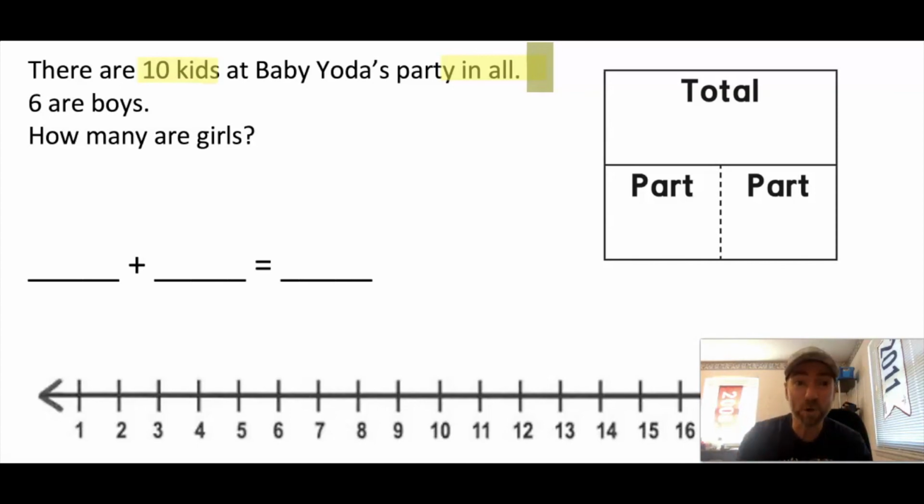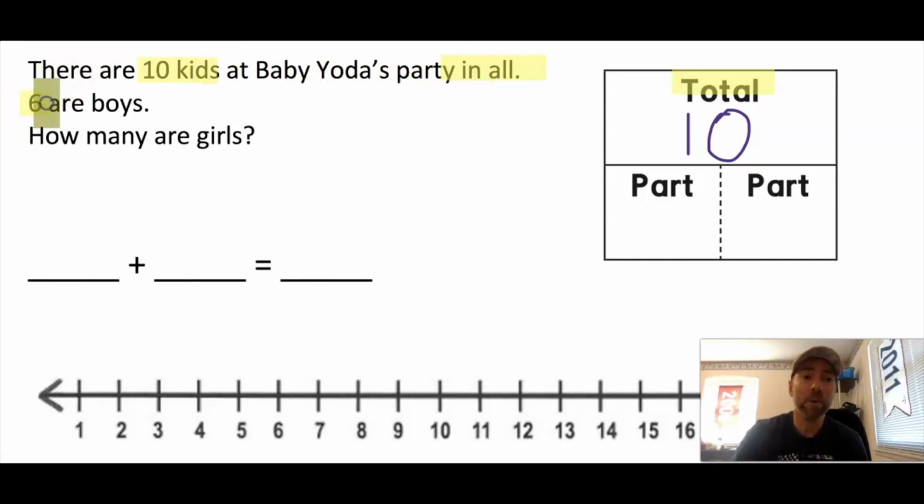That's the total. So the 10 is going to be written in our total box. See, we have to read the story and look for the clues to know where the number goes.